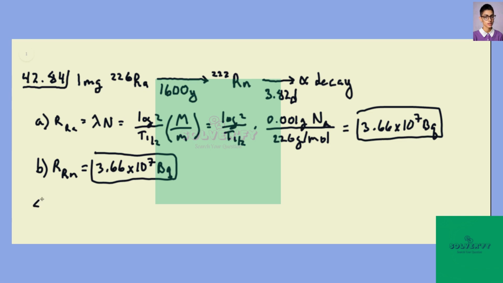Now we want to find what the mass of the radon is, which is going to be roughly constant, because the rate at which radon is accumulating is much slower than it's decaying, and so you're going to just have a small constant amount of the radon.